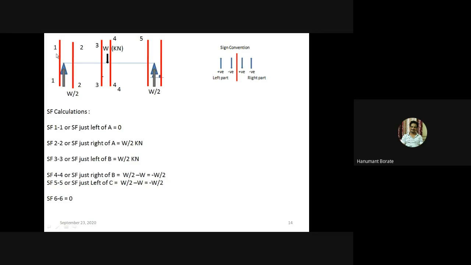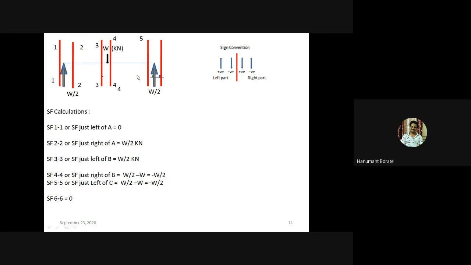Now consider section 1 1. Now this section divides the beam. Okay, but the beam goes in the right part, at the left part there is no beam portion. So there is no beam portion, so we can directly say shear force value is 0, right? Now consider section 2 2, just right of this A. Now that section divides the beam into two parts, left part and the right part.